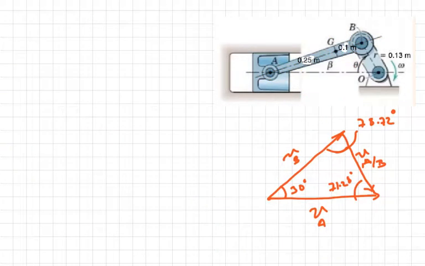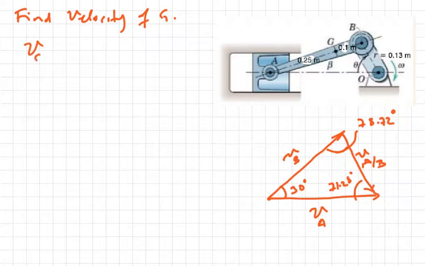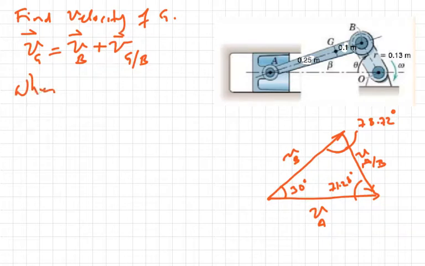So we have to find the velocity of G. So we can write our relative velocity equation as VG is equal to VB plus, instead of AB now we have VGB, where our VGB will be equal to our line GB, which is our R, multiplied by omega AB.